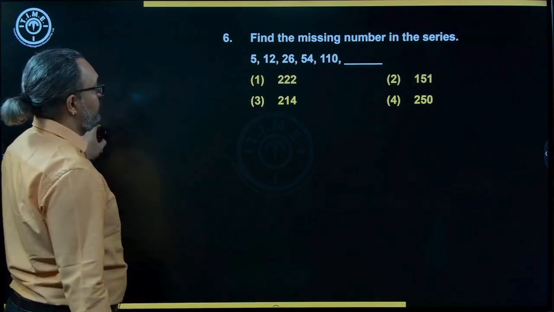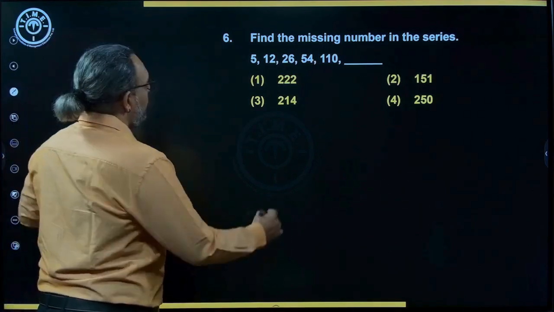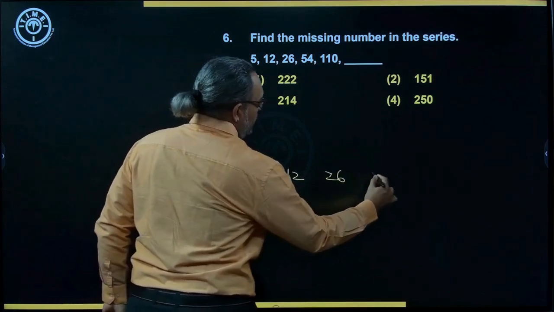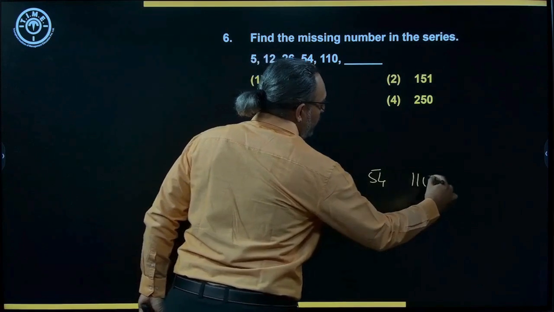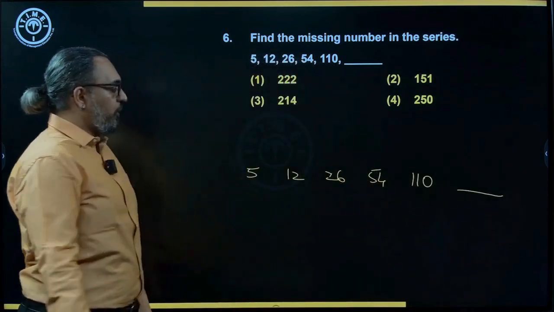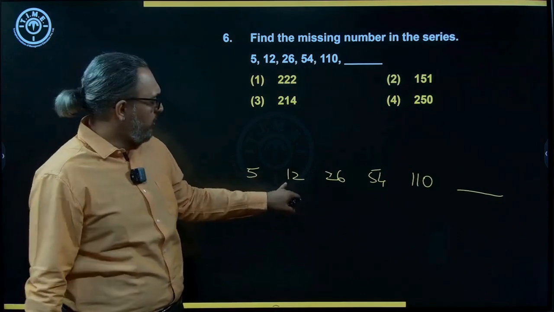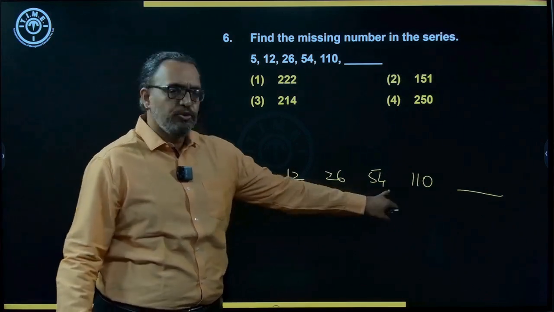Then the next we have 5, 12, 26, 54, 110, blank. If you observe, from 5 to 12 it is almost double, 12 to 26 double, 26 to 54 double.